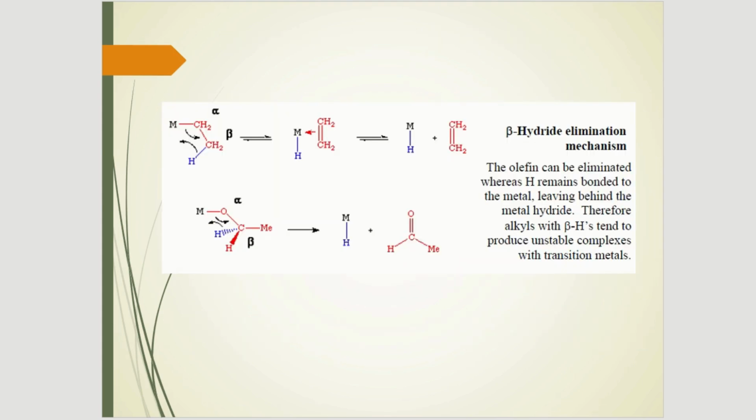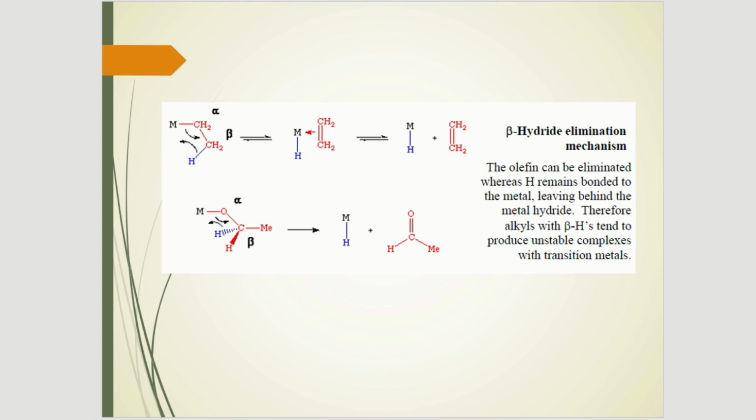Okay, as you can see from this beta hydride elimination mechanism, if our metal alkyl has a beta hydride, the hydrogen from the beta hydride has a tendency to attach to our metal. From that, the breaking of the bond means the olefin can be eliminated, whereas hydrogen remains bonded to the metal center.